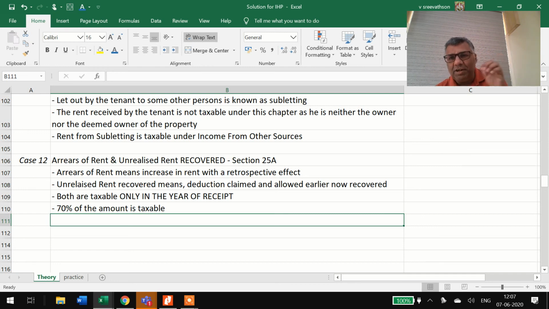A general case, that is the 3 steps. Followed by that, we have studied 11 different cases. The last is a section by itself.